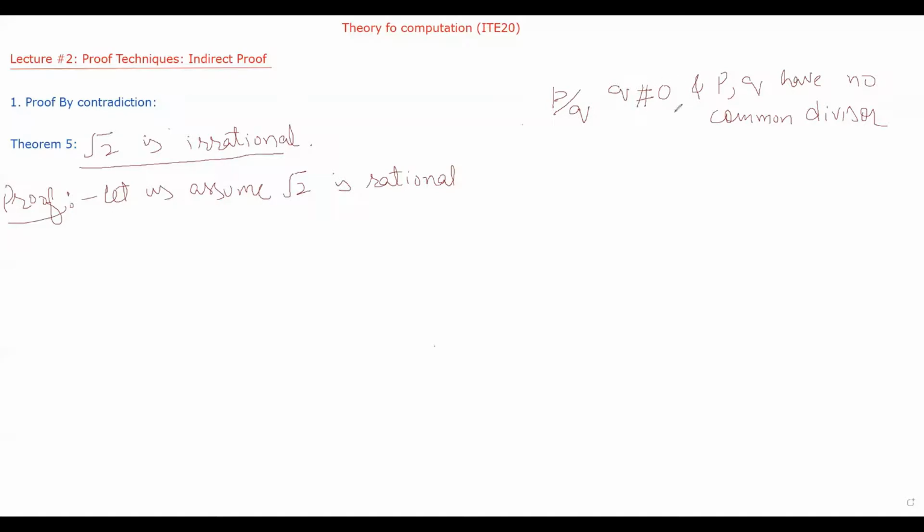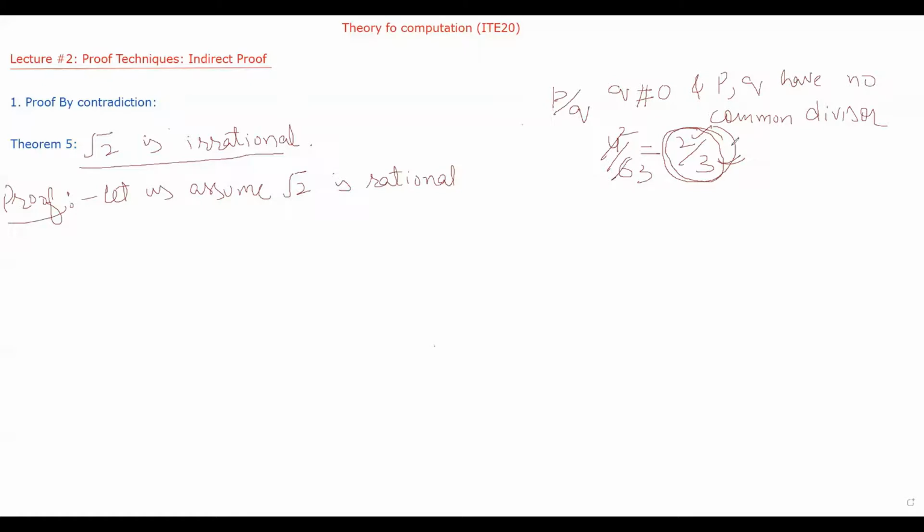That is called a rational number. For example, 4 by 6. Basically we have to write this in reduced form. Reduced form means we take it to a format such that p and q have no common divisor.